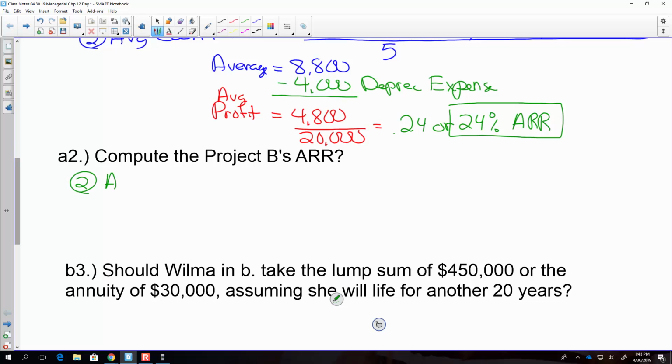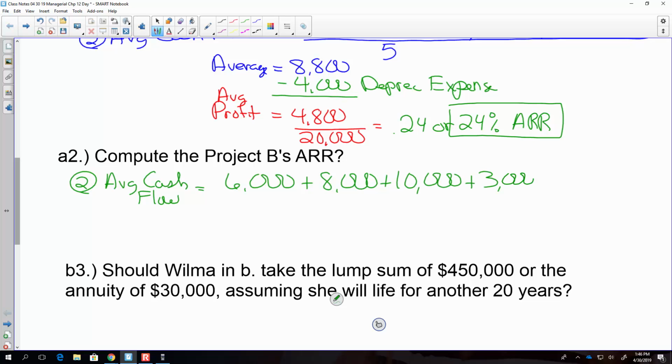The average cash flow across 5 years is going to be 6, 8, 10, and then 3, 3, 3. We divide that by 5.